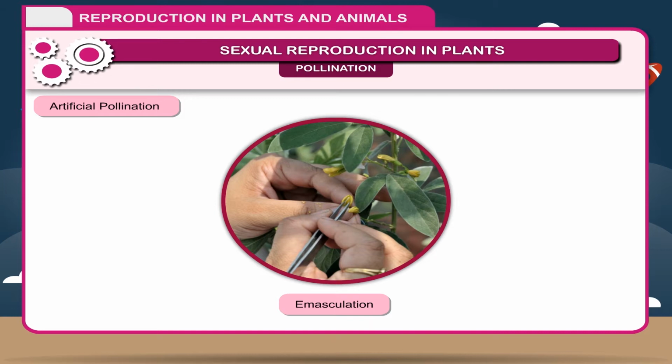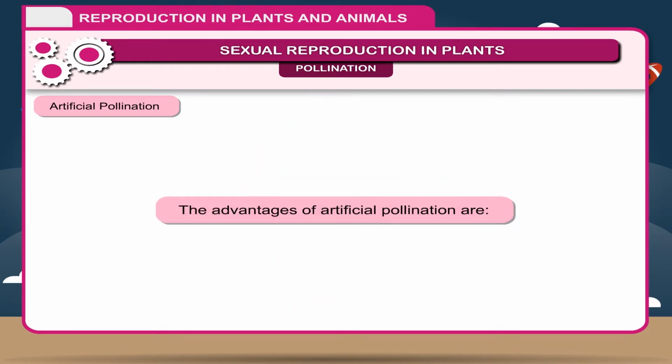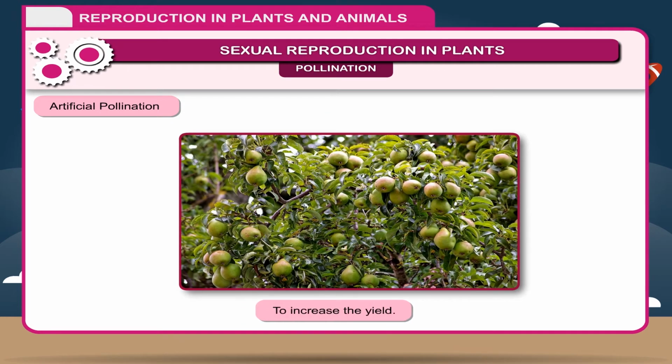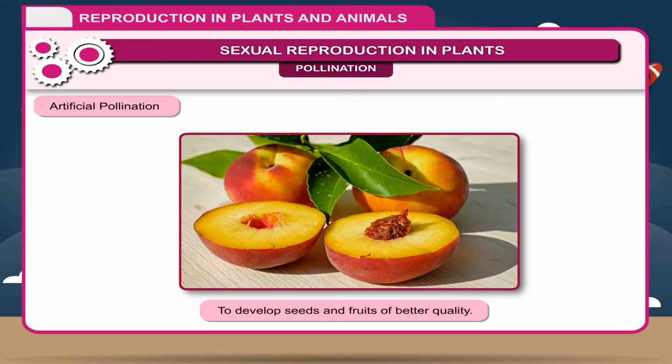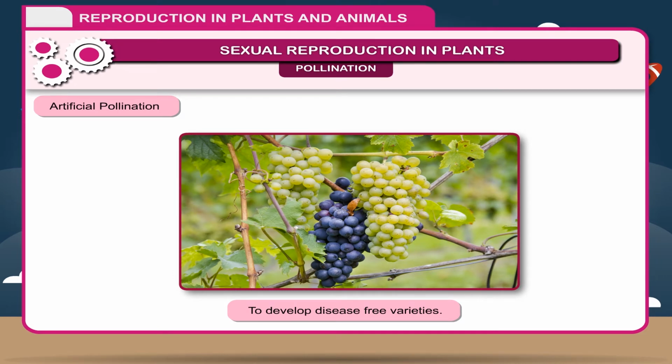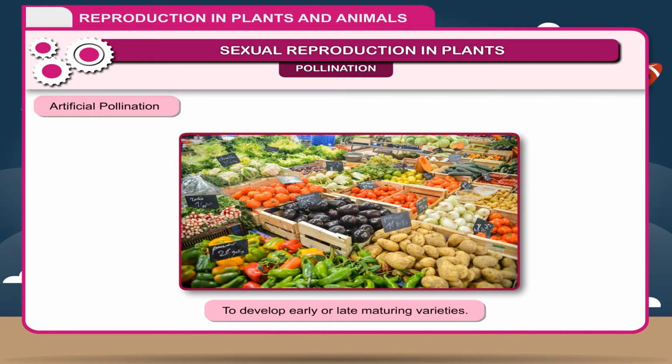Emasculation is a necessary process before artificial pollination is performed in a bisexual flower. The advantages of artificial pollination are to increase the yield, to develop seeds and fruits of better quality, to develop disease-free varieties, to develop early or late maturing varieties.